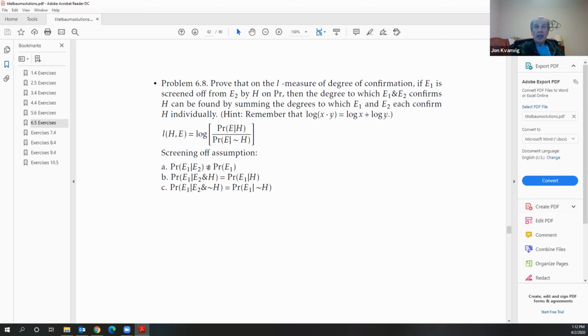First, E1 and E2 are relevant to each other. They're not actually independent of each other. And then the screening off assumptions themselves are B and C: if you're given E2 and H, the probability of E1 is the same as it is on H, and the same for E2 and not H, and not H.